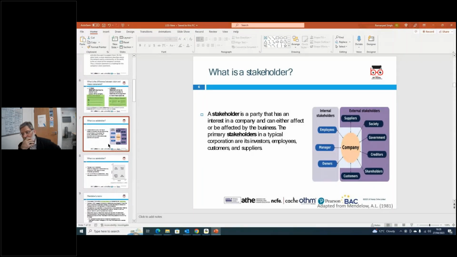So if your organization is hoping to create a factory in one of the local areas, of course, there's a lot of impact on people living there, maybe in the form of noise, pollution, infrastructure, development, employment and so on.